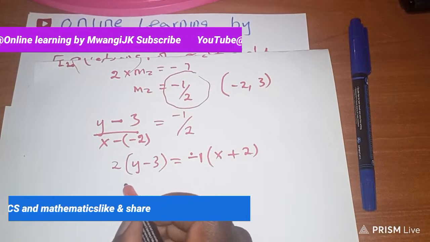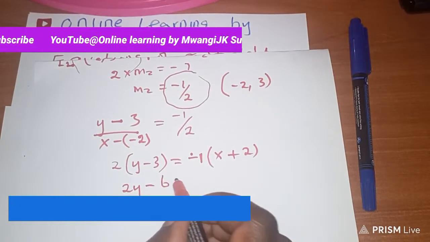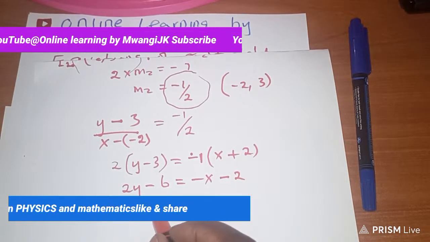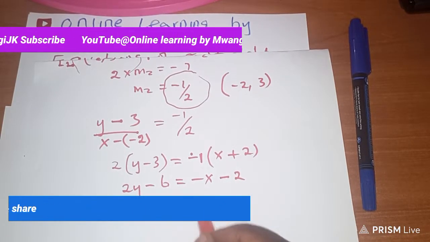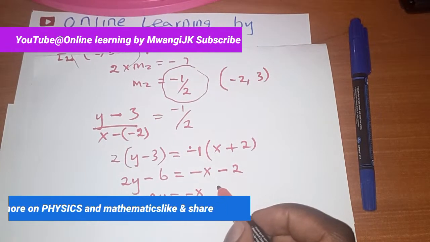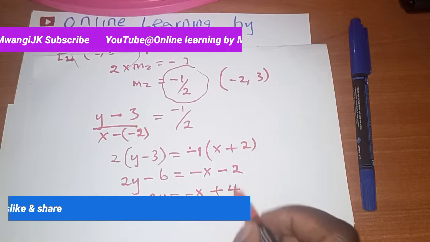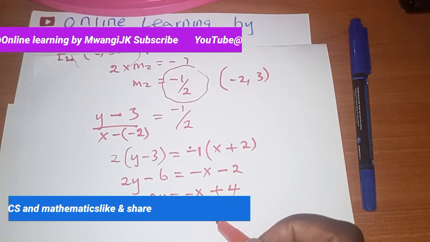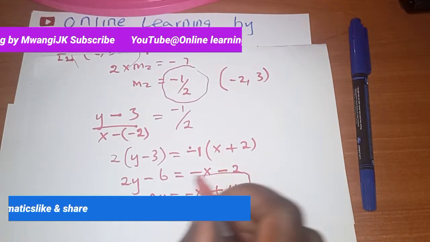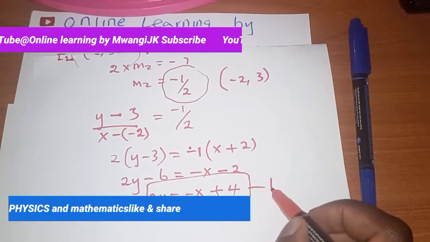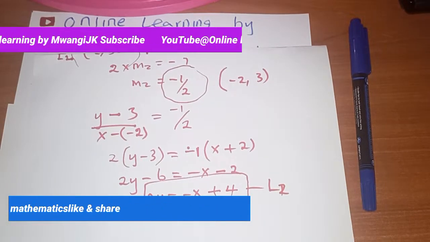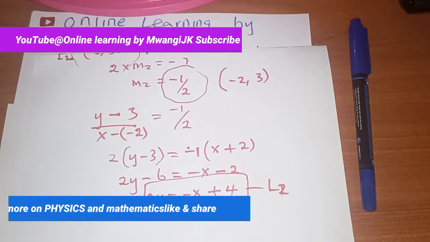Then opening the bracket, we have 2y - 6 is equal to -x - 2. So 2y is equal to -x, then taking this to the other side, it will be added, so we'll have -2 + 6, which is +4. So this is the equation of line 2. The question never specified in which form, so we can leave it, we can give it in that form.